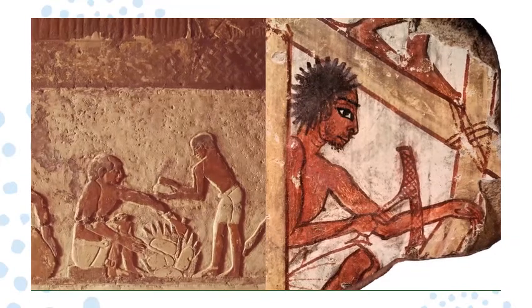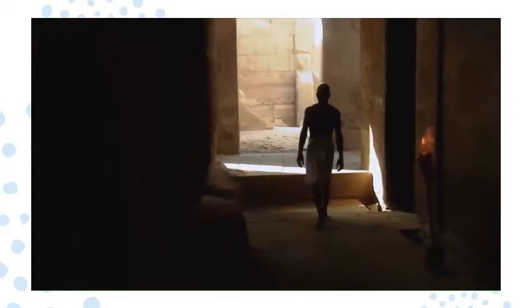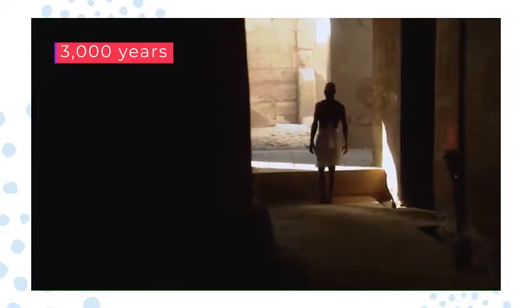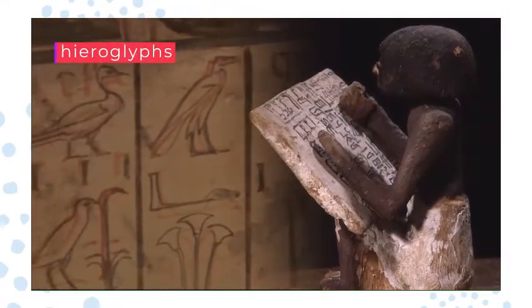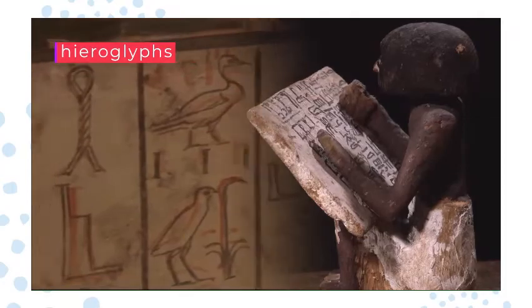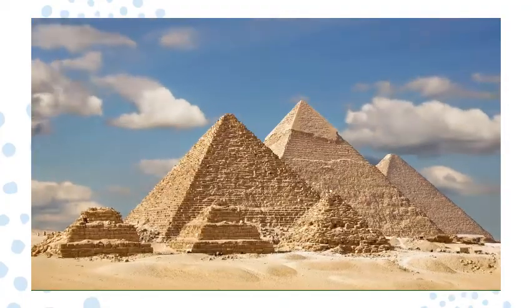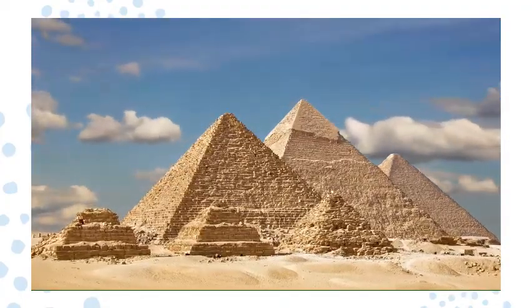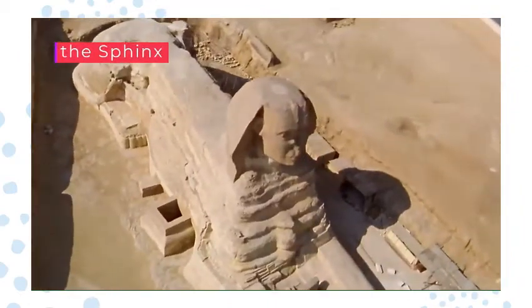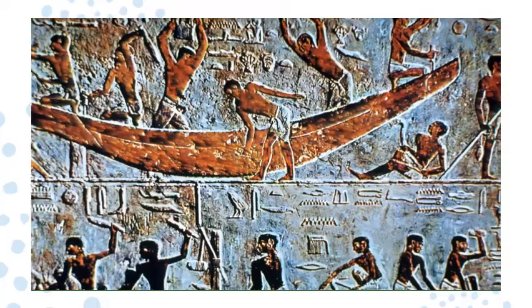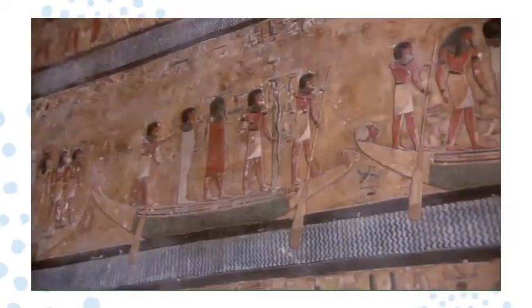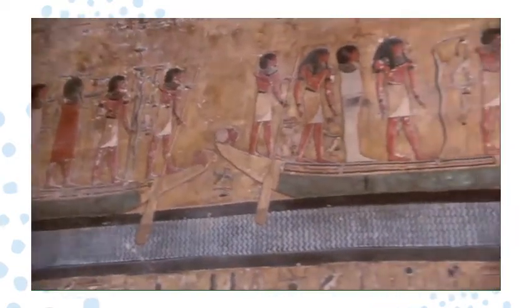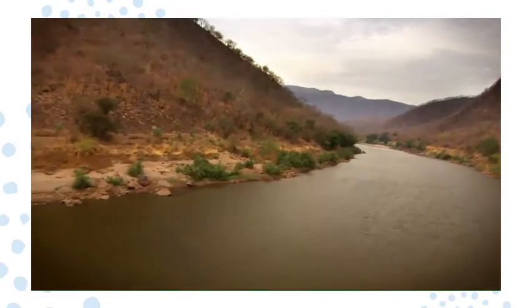They were one of the most advanced civilizations for almost 3,000 years. They wrote beautifully in hieroglyphs and built amazing things like the pyramids and the Sphinx. They also built excellent boats to travel on the Nile. The river was perfect for traveling.